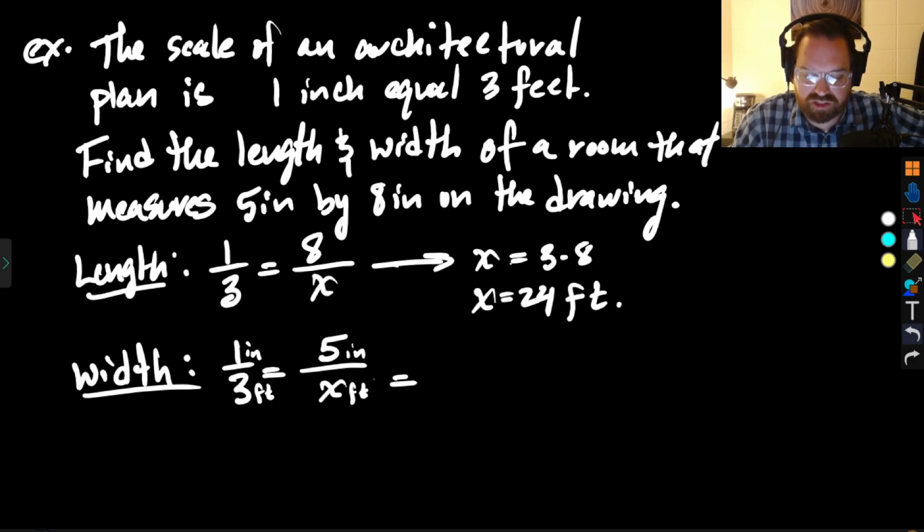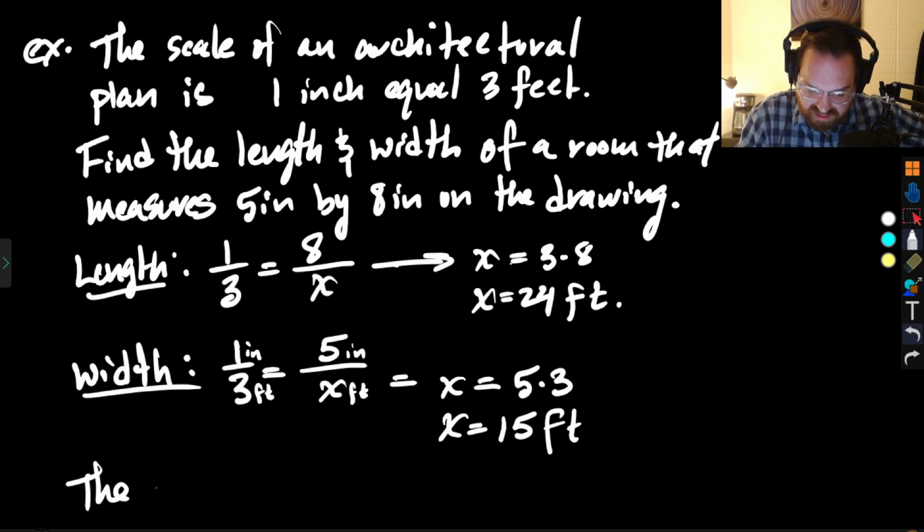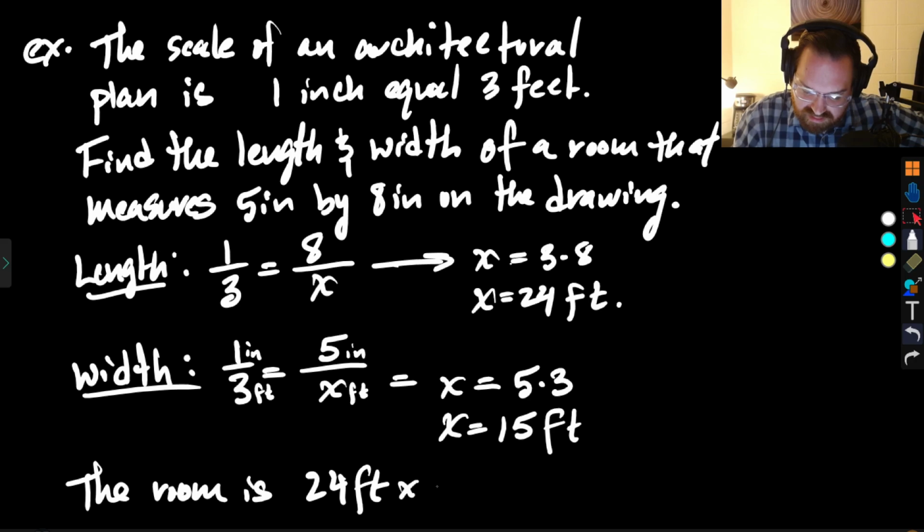Make sure if you're setting these proportions up, you are matching the appropriate units together. You cannot be mixing and matching units. So I've got X is equal to 5 times 3, so X is equal to 15 feet. So the dimensions of the room are 24 feet by 15 feet.